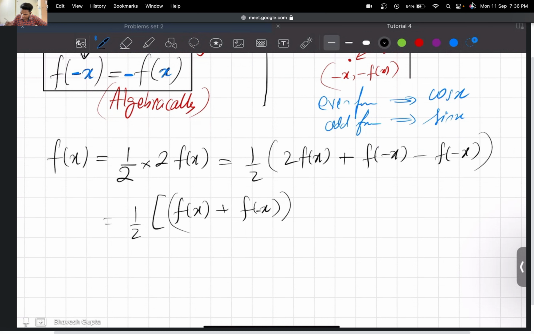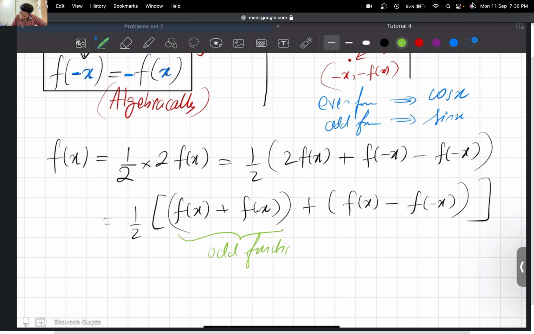as this is a counterpart, and this. So over here you have this as an odd function, right?